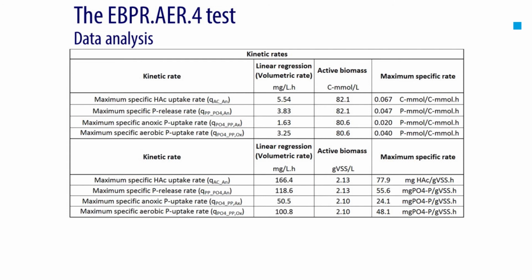In the upper part of this table, the rates are expressed in C-mol or P-mol units, and in the lower part of the same table, in milligrams per litre units. As required, the measurements can be originally presented in either units if they are converted using the unit conversion coefficients presented in Annex 1 in the textbook.